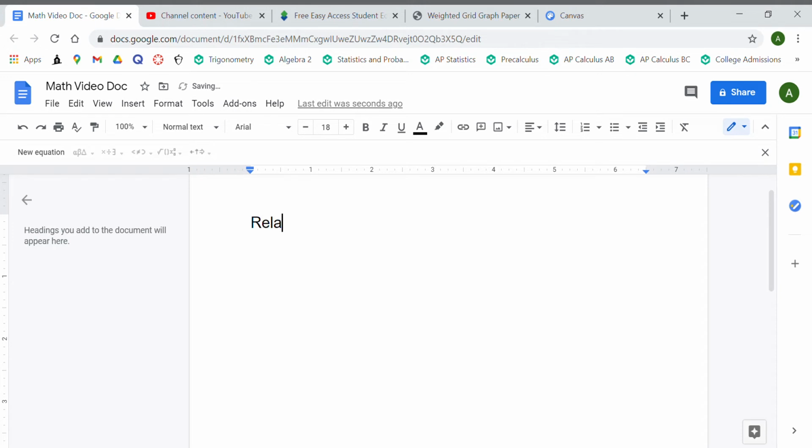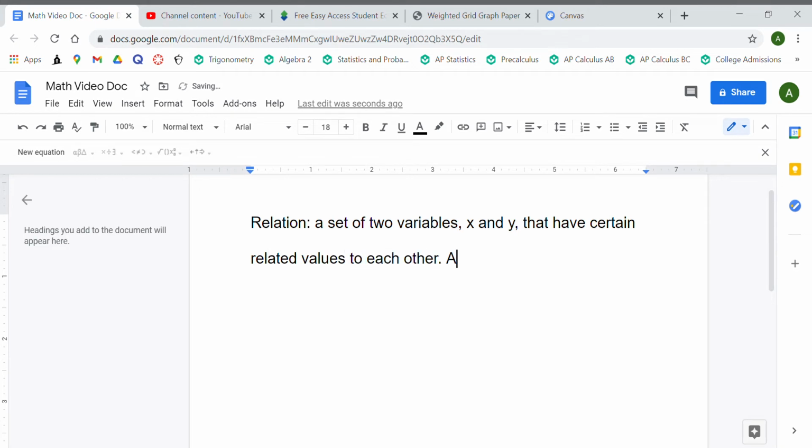A relation is a set of two variables, x and y, that have certain related values to each other. A set of ordered pairs.